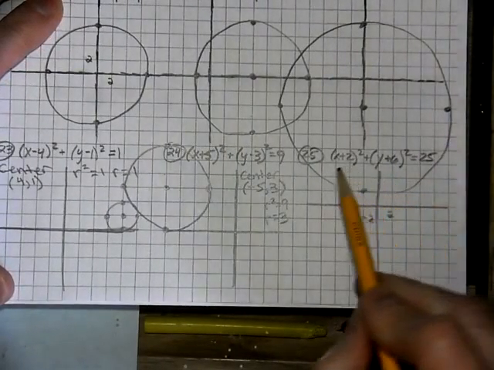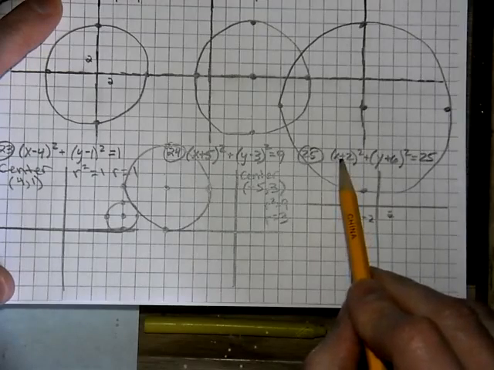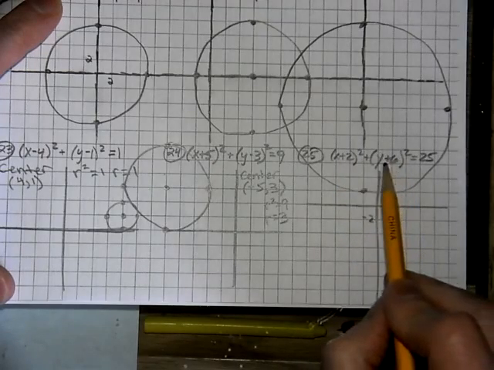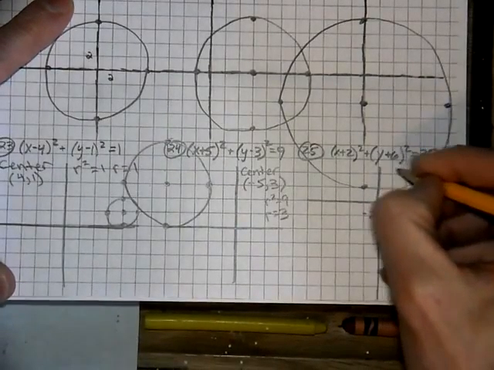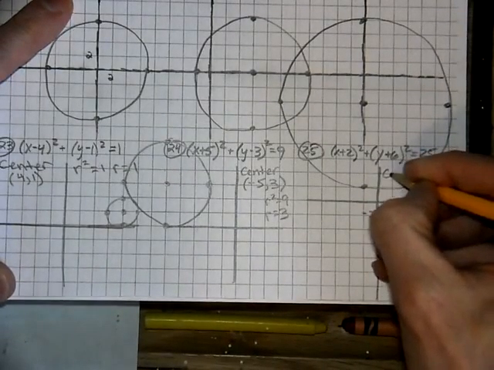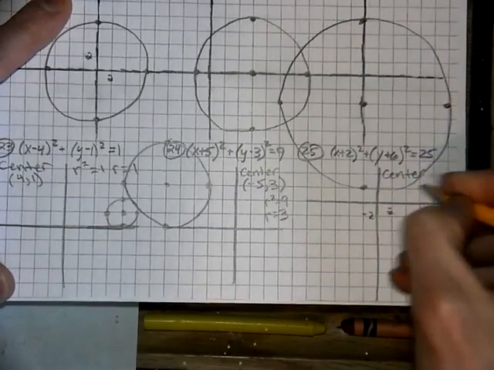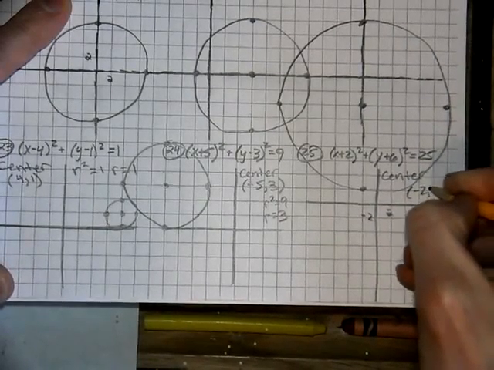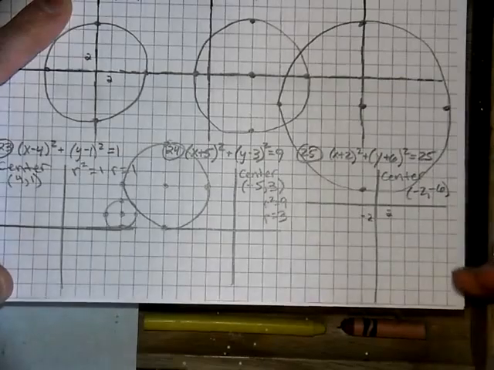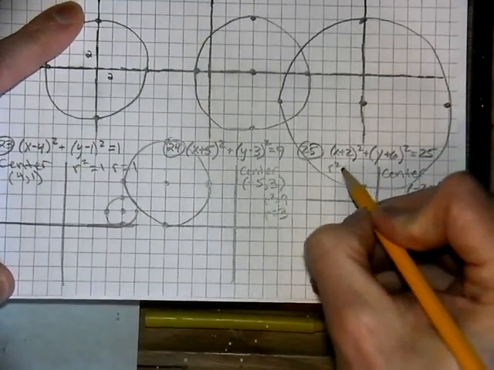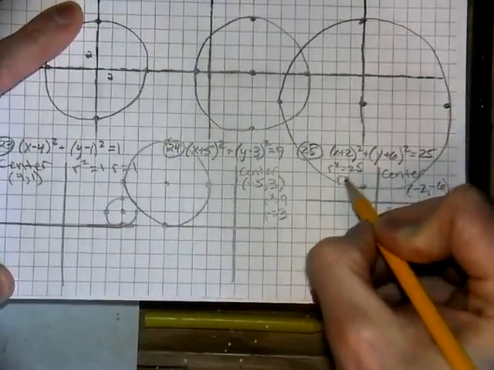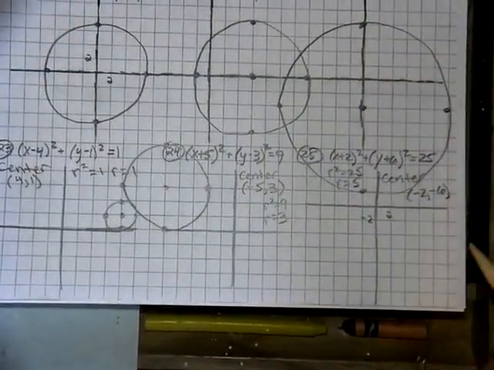This last one has a center at -2, -6. Has a radius of 5. R squared is 25, so the radius is 5.